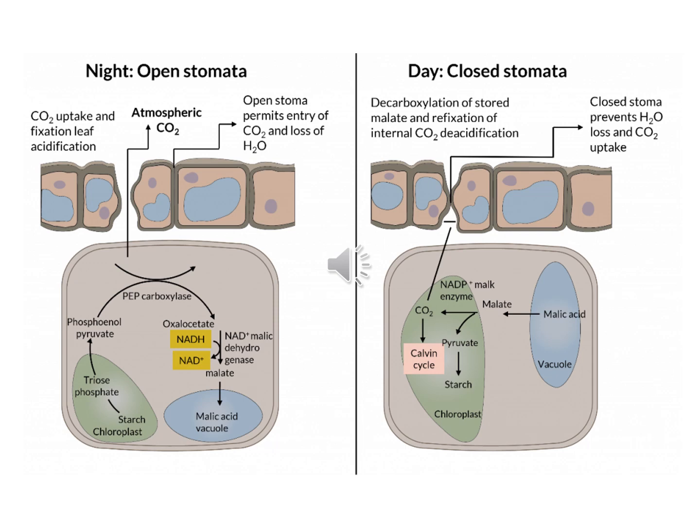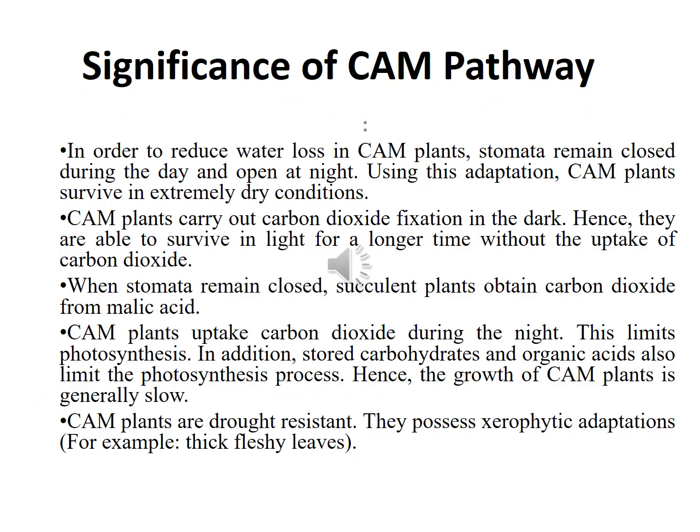The pyruvic acid may be oxidized to carbon dioxide by the pathway of Krebs cycle or may be reconverted to phosphoenol pyruvic acid and synthesize sugar by C3 cycle. The carbon dioxide released by deacidification of malic acid is accepted by ribulose diphosphate and is fixed to carbohydrate by Calvin C3 cycle.